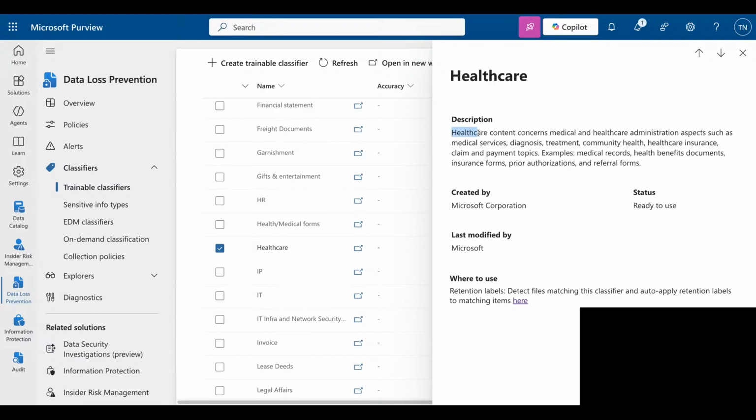And then it tells you the healthcare content, examples: medical records, health benefits documents, insurance forms, prior authorization, referral forms.